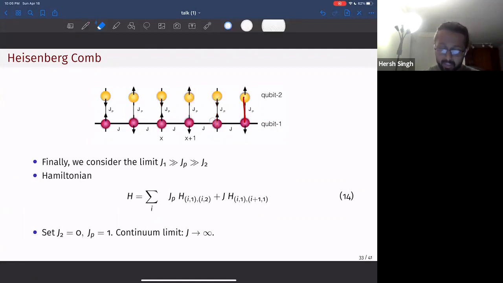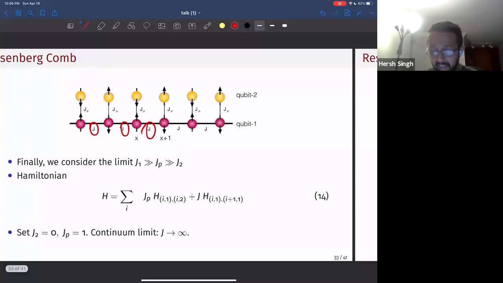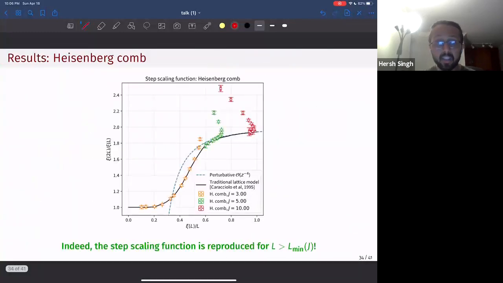And for this model, in the limit of this coupling going to infinity, you in fact find that the universal step scaling function is reproduced. You see that this is for j equals 3, that coupling.